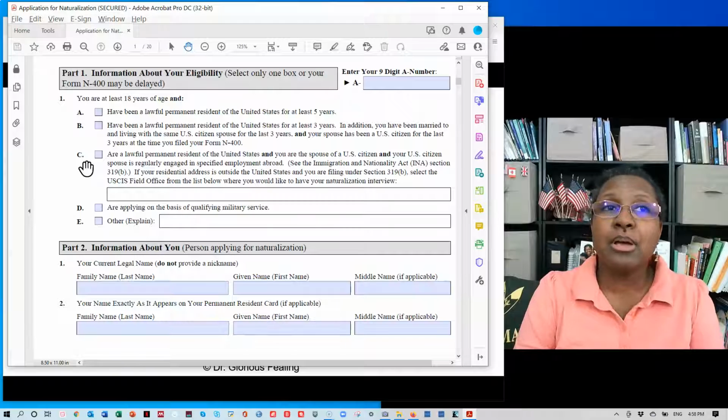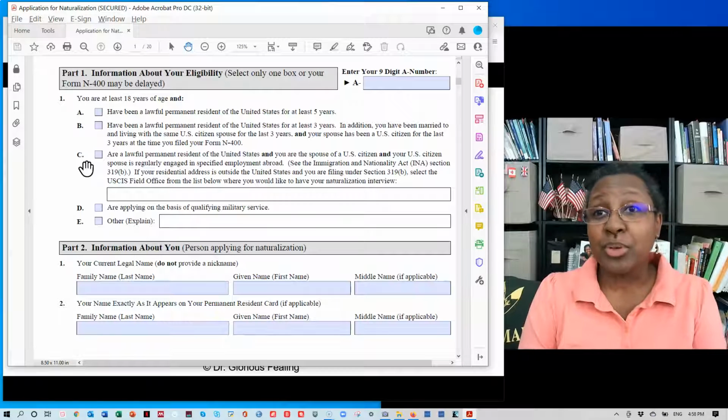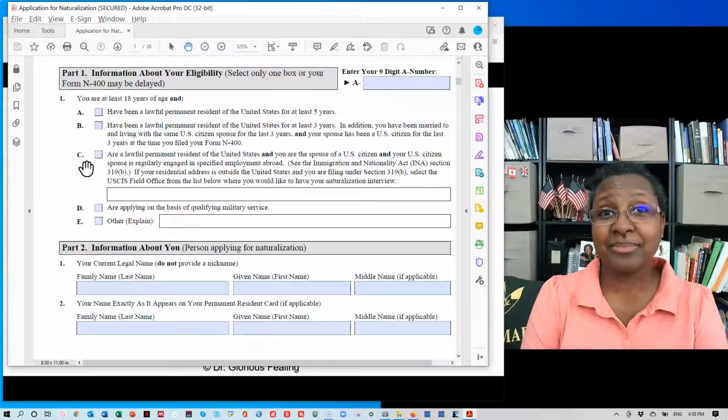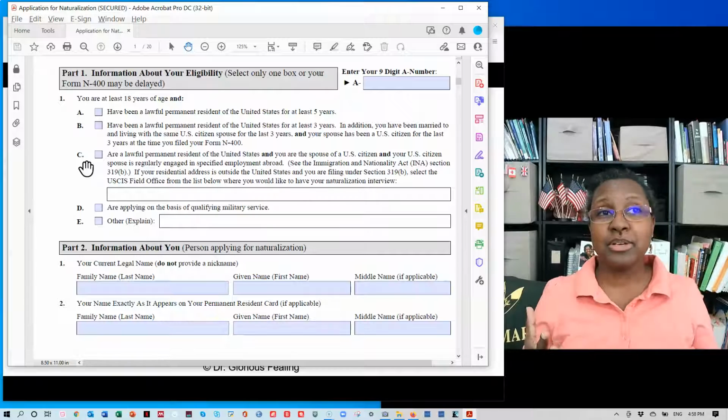Sometimes people are married to American citizens, but their residential address is outside of the United States, such as with the military, for example. That's a special case. So you would have to find the place where you would like to have your interview and make sure you meet the criteria.